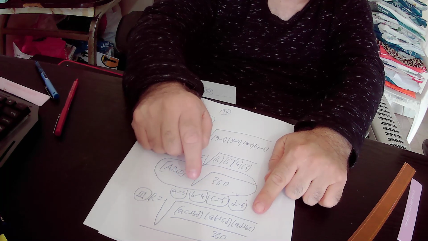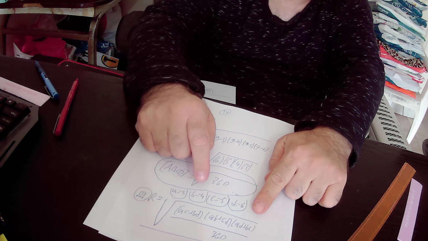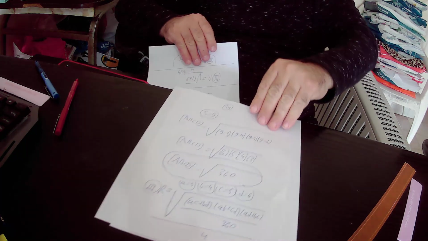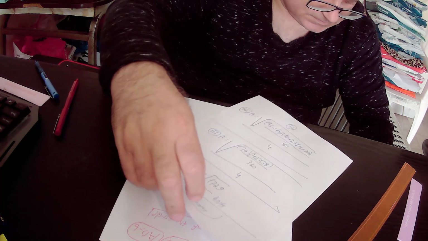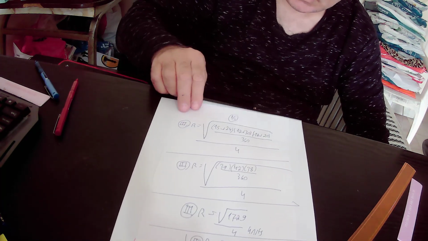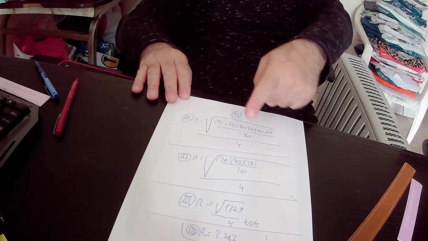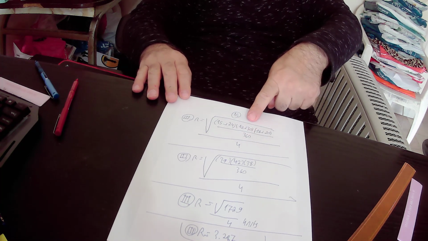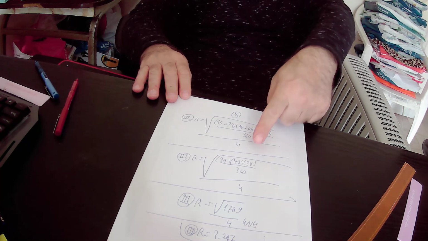And BC, b is 4, c is 5, so 4 times 5 is 20. So in total we got this expression. So 15 plus 24 is 39, 12 plus 30 is 42, and 18 plus 20 is 38.